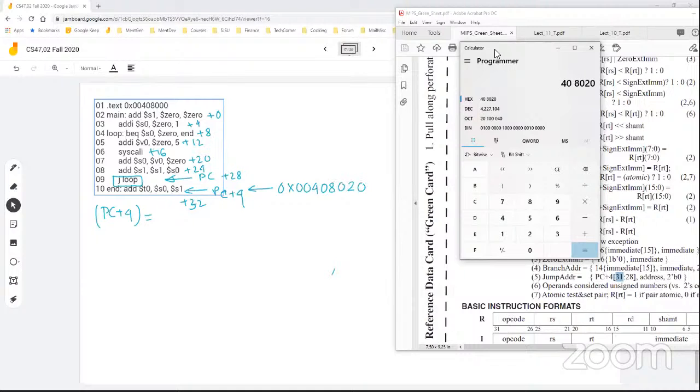And we need to jump to the loop, which is this one. So this address, let me write it down in a different ink, is 00408008.